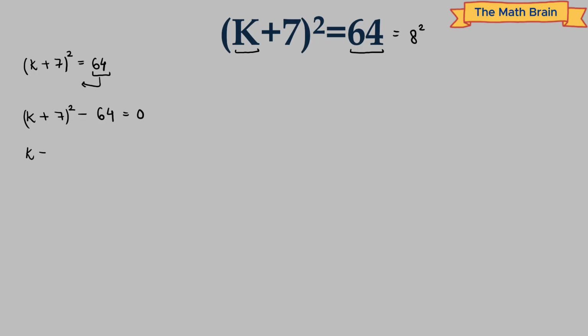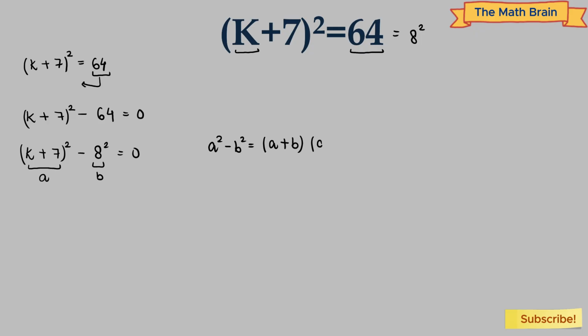By writing (k + 7)² − 8² = 0, we will get this term. If we take this term as a and this as b, we are left with a² − b² = (a + b)(a − b).